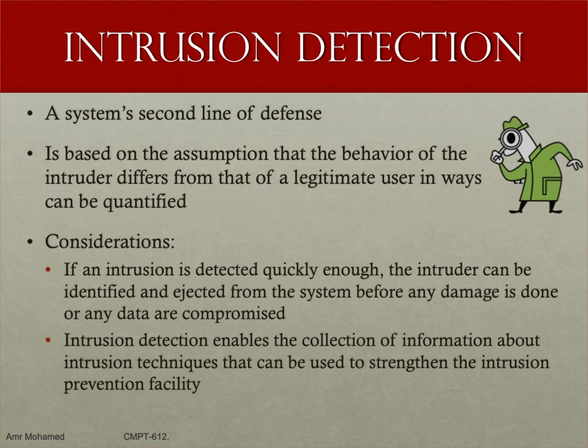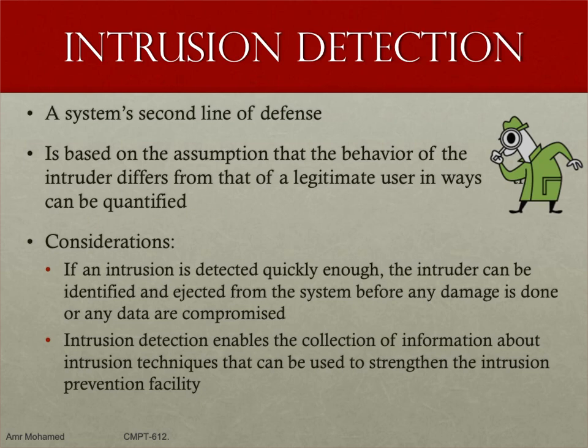This assumption, by the way, is not 100% true. In many cases, when you look at the different actions of the intruder, with the naked eye or to someone who's not an expert, it might look okay. But in fact, when you correlate all these events, it requires some expertise to see that these sequential actions lead to an attack.